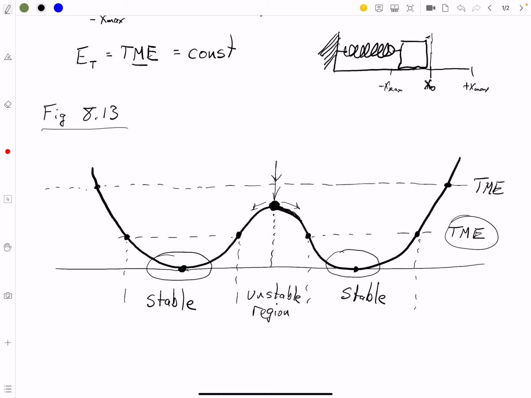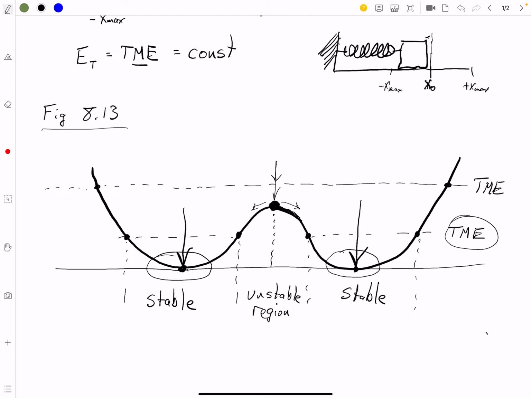Now, there's these points. Do I want to get into that yet? I don't know. Are we going to do that? No. This point, I'm just going to say a couple of things.